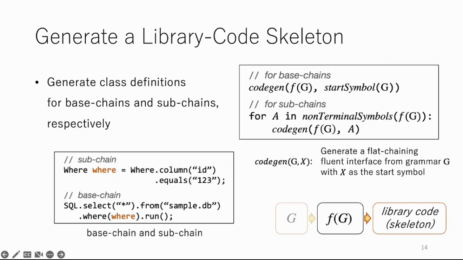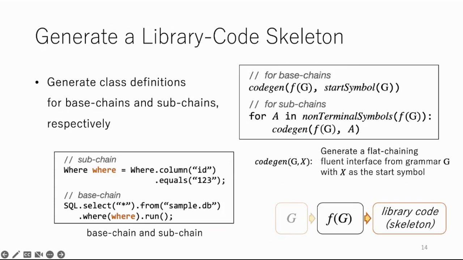And the second step generates class definitions. The generation is separated in two parts, for base chains and for subchains. The right figure shows a pseudocode of the whole generation. The collision function denotes the existing method we use to generate actual code.